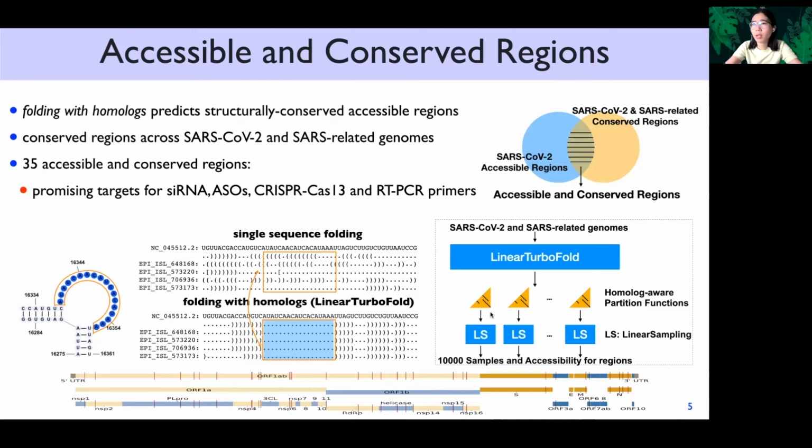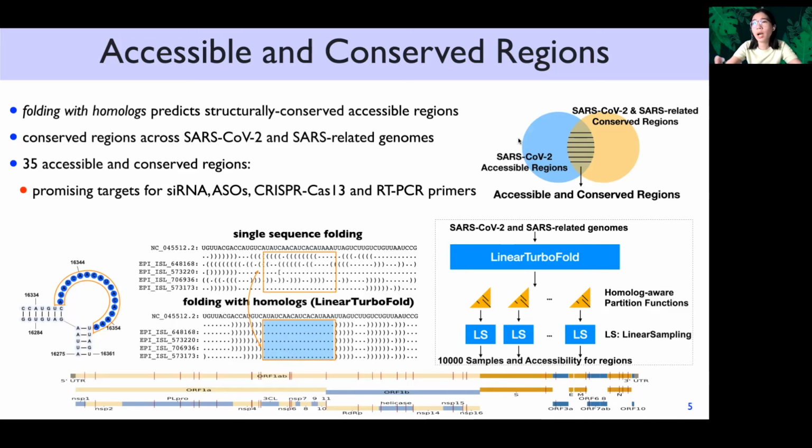To evaluate the accessibility, we utilize a stochastic sampling algorithm, LinearSampling, to sample independent structures based on the homologous partition function dumped by LinearTurboFold. Based on the sampled structures, we calculate the accessibility for regions at least 15 nucleotides long.